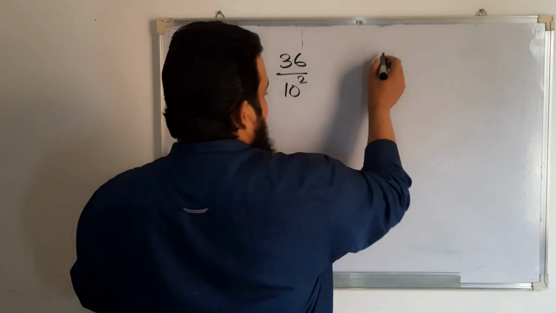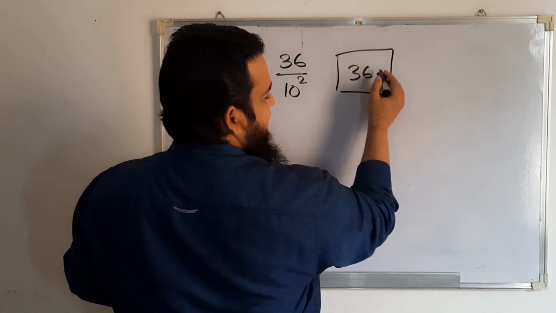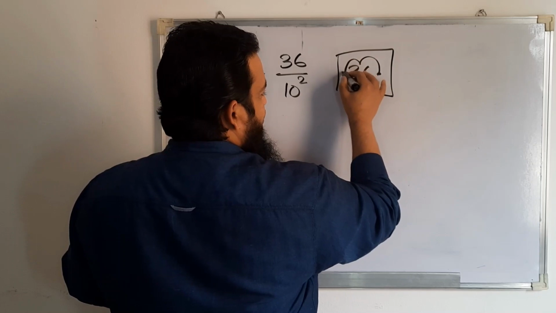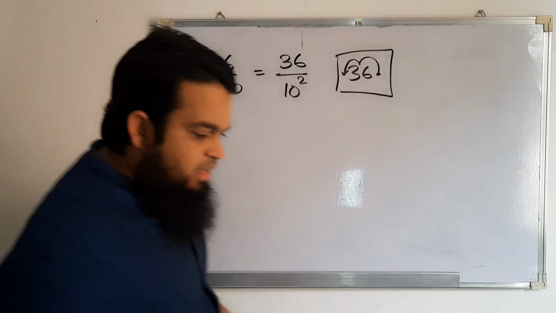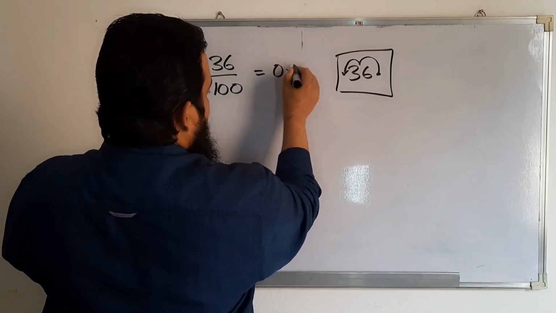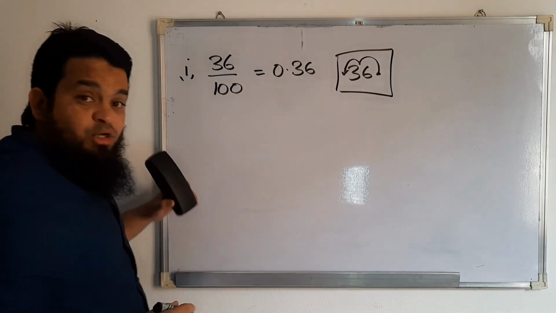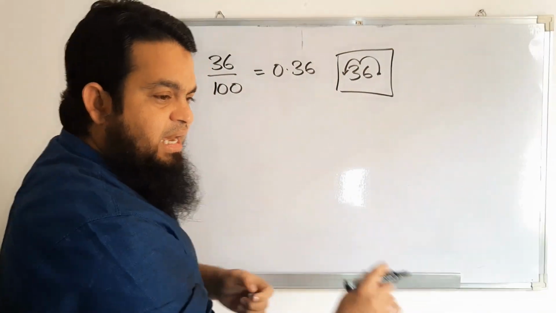In rough, if we take 36 and it moves left 1, 2, the decimal will come over here. So the answer is 0.36. Let us change everything into decimals, and after that I shall explain.